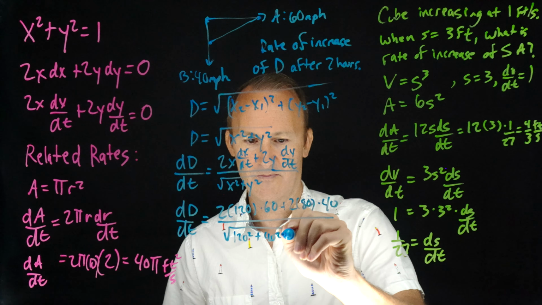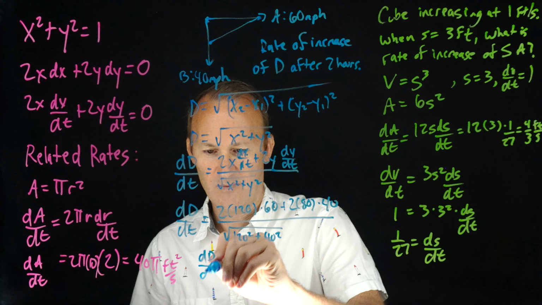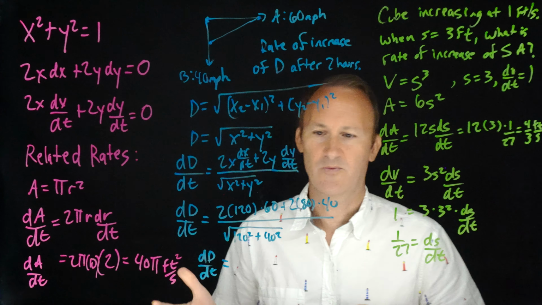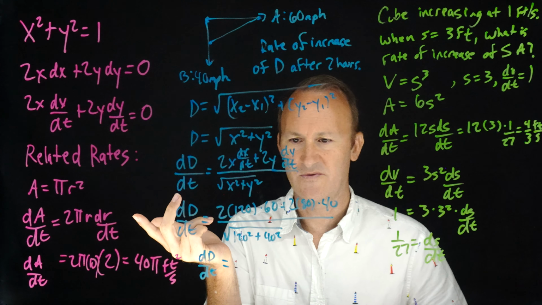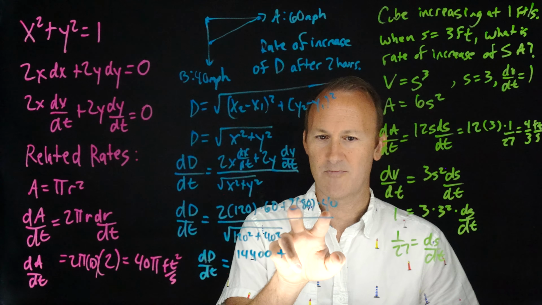And I guess I would simplify the numerator here without a calculator. I'm not going to bother with the denominator. So what do I have in the numerator? 2 times 6 is 12. 12 times 12 is 144 with 2 zeros, so 14,400, plus, what's the second one?